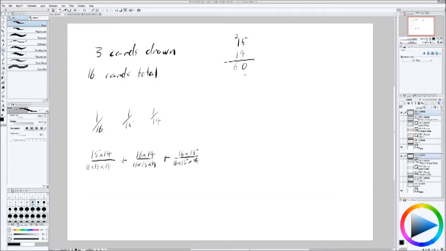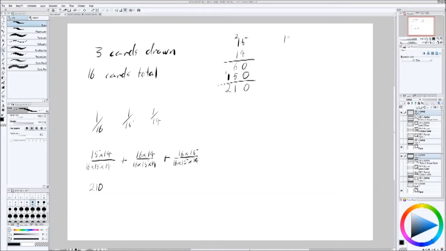Now we're moving to the next column, so we multiply all that by 10, putting a 0 here. 1 times 5 is 5, and 1 times 1 is 1. And then we can add those together. So 0 plus 0 is 0, 5 plus 6 is 11, so we carry the 1, and then 1 plus 1 is 2. So that means we've got 210 on the top for that first one.